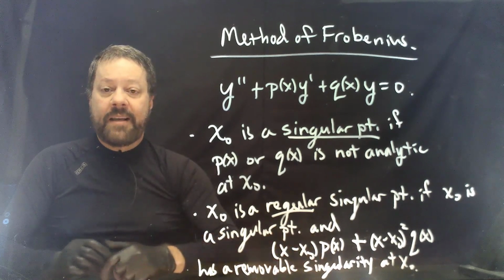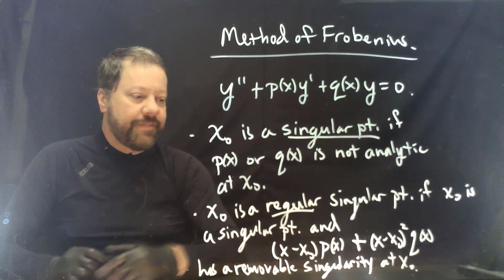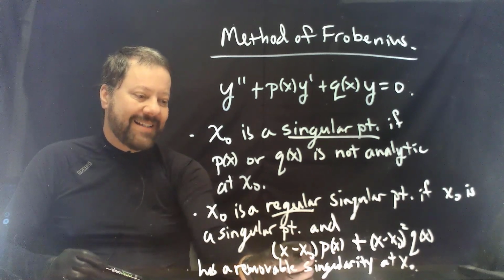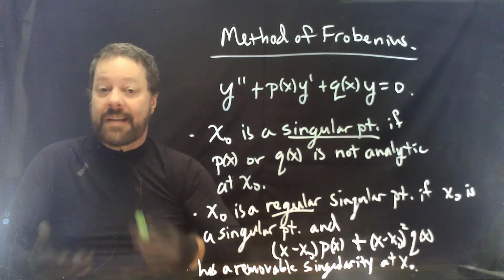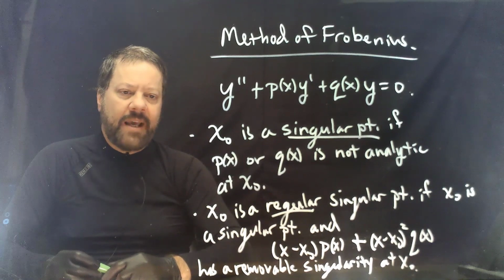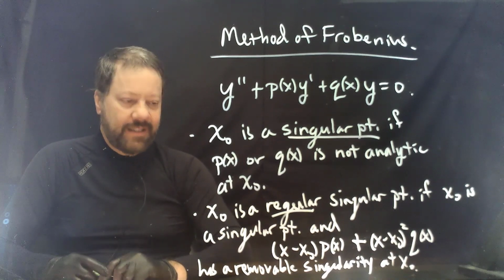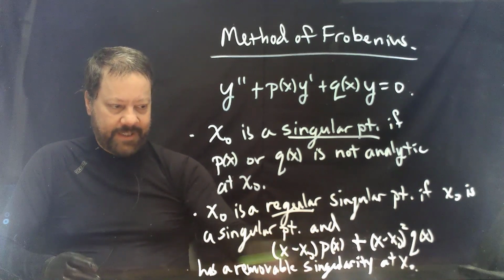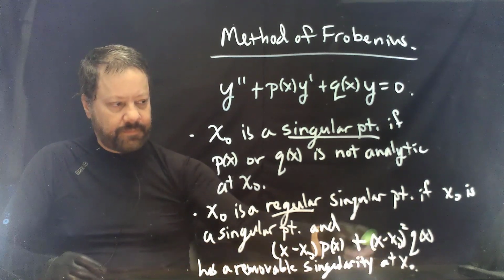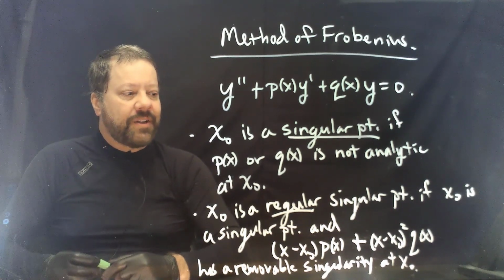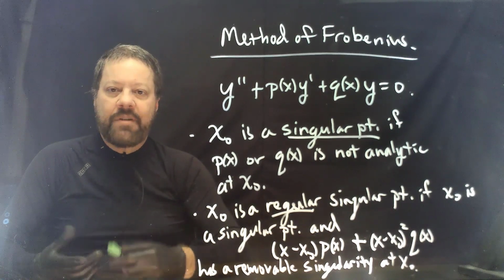So there can be an analytic version of these. The multiplication by x minus x naught onto the function p cancels out the singularity, and you can smooth it so that it will in fact be non-singular at x naught after multiplication by x minus x naught. Same thing by multiplying x minus x naught quantity squared onto the function q of x. That removes the singularity.